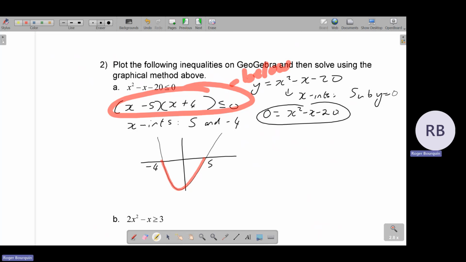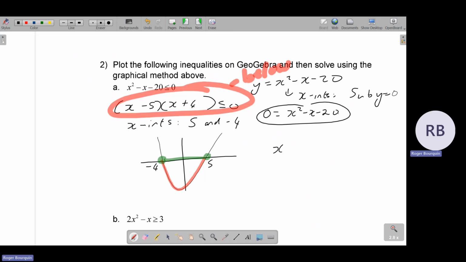Go highlight on the number line on the x-axis where that happens. Can I include the endpoints? That happens between -4 and 5, and I can include them. So there's your answer in green on the number line. Now write your answer down either in interval notation or as an inequality.